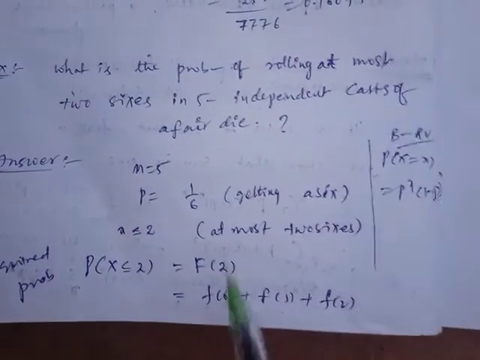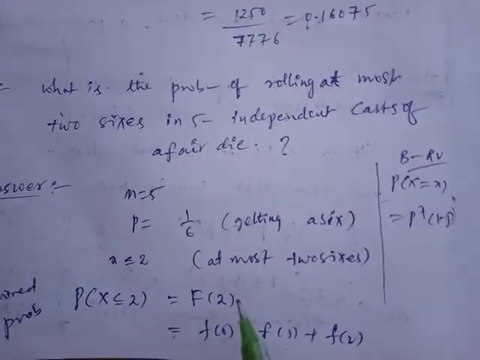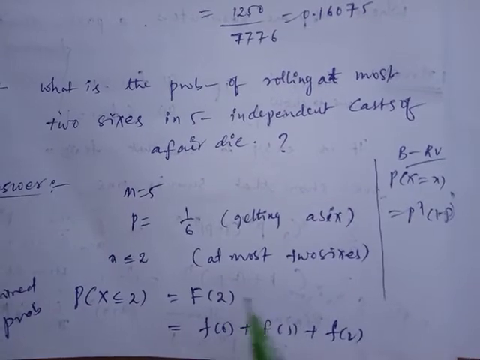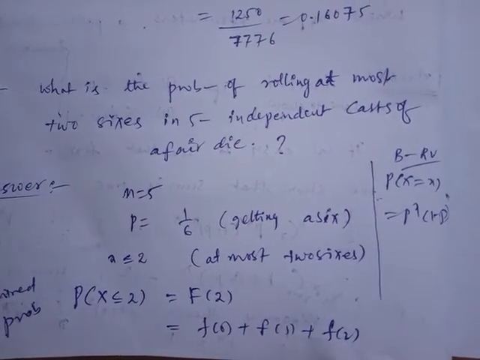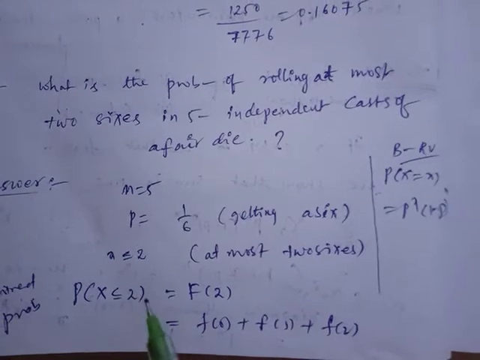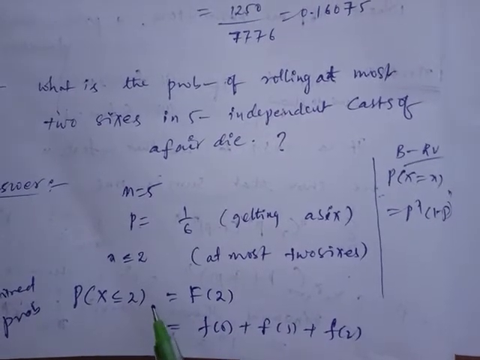So the required probability is x less than or equal to 2, that is capital F(2), the cumulative distribution function. We should add f(0), f(1), f(2).